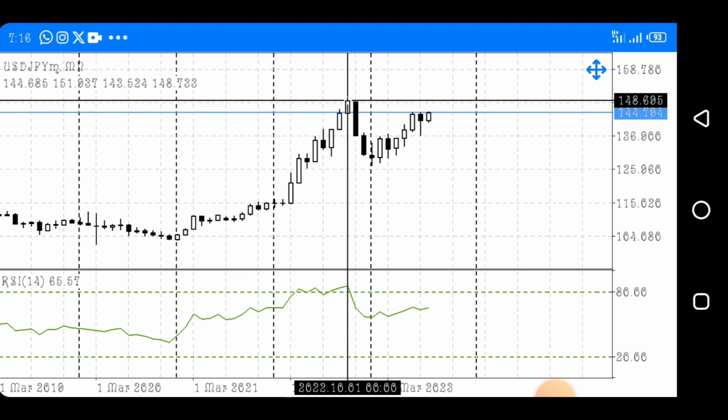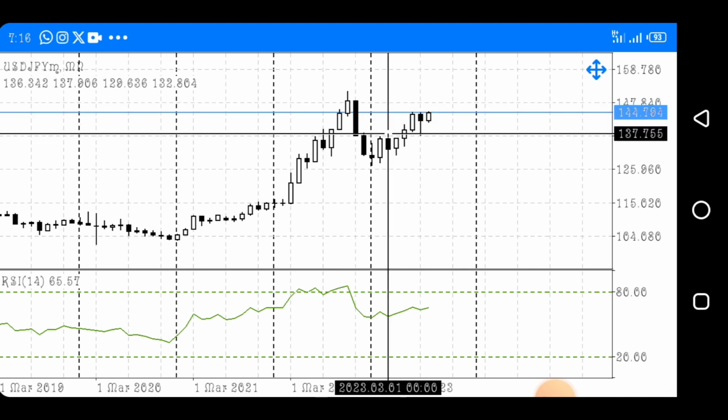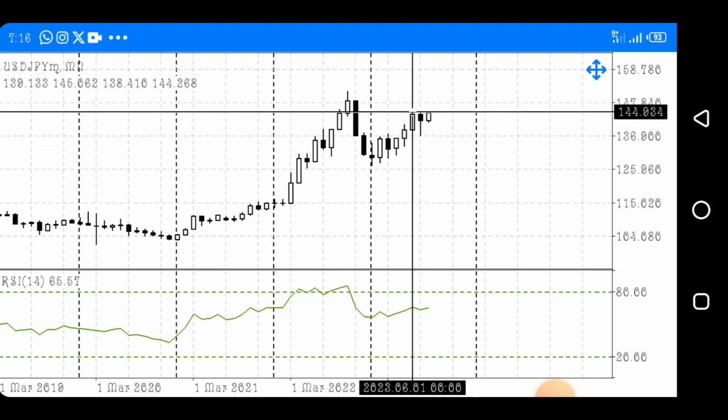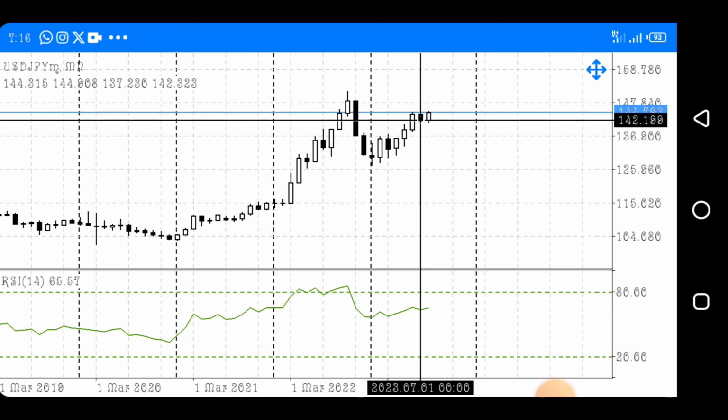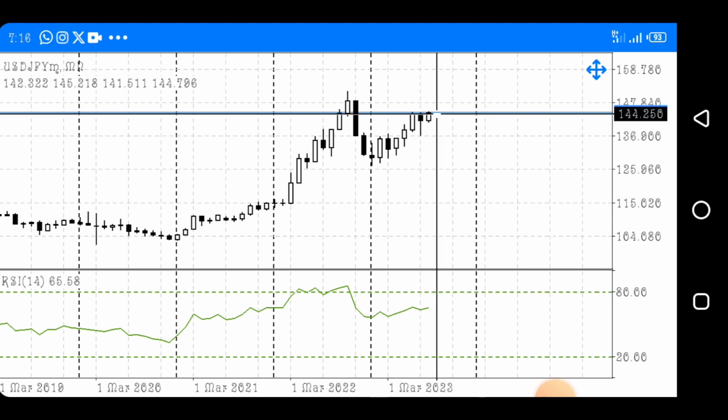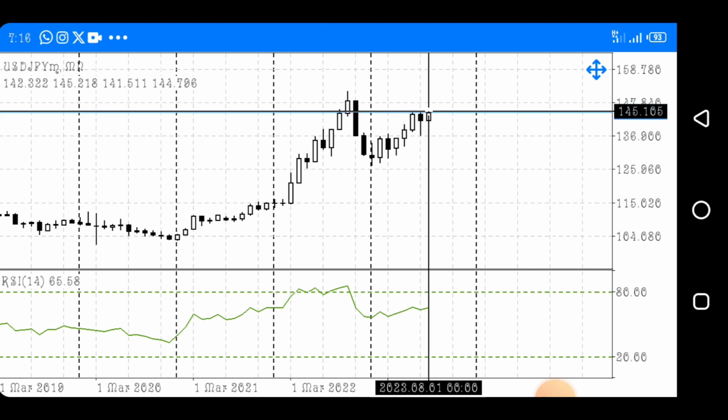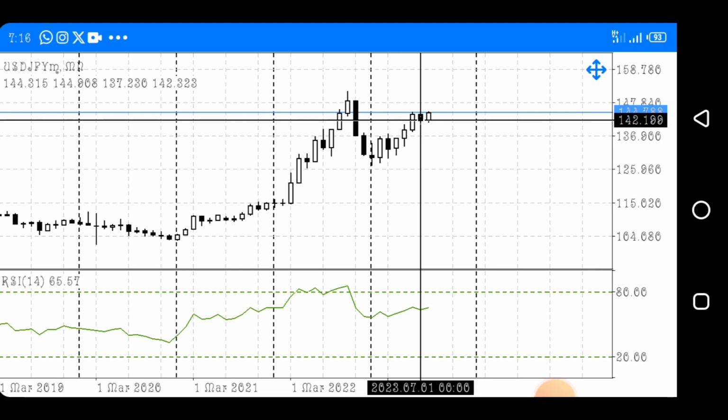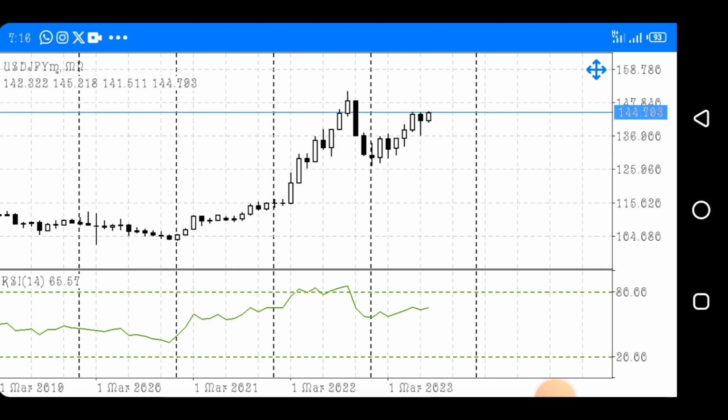Though it broke out and it sold, now in June it got to the point, then sold. It came back to that point again, sold. So it has been resisting on this 144 level, 144.763 level. That's on the monthly chart.